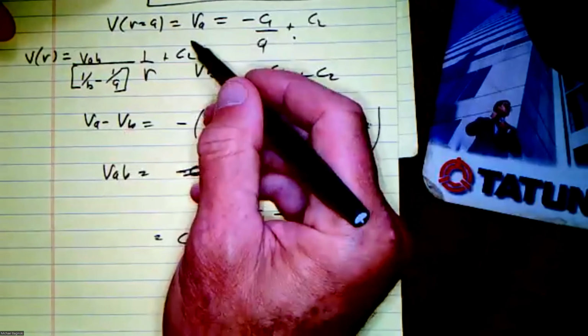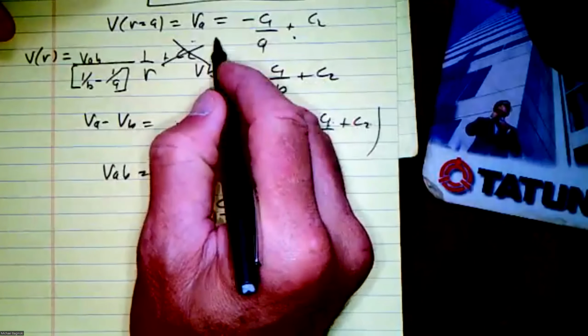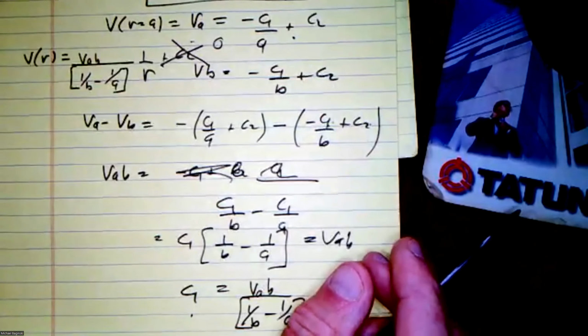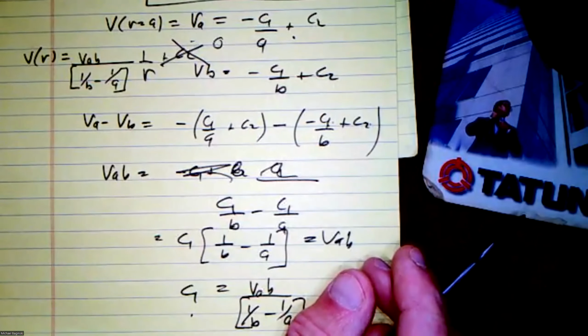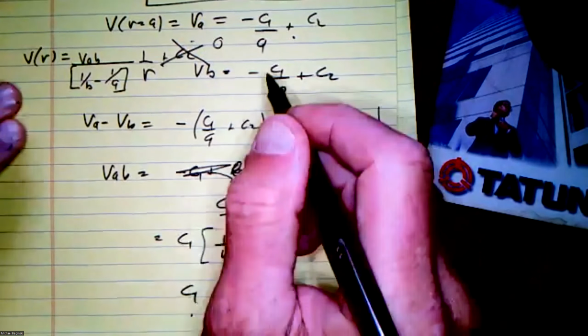Now, C2 can be anything because he didn't say where the zero reference is, so you can make that 0. Because remember, he only gave us a potential difference between points A and B. And if you look, this will work. So this is the V of R that we should get.